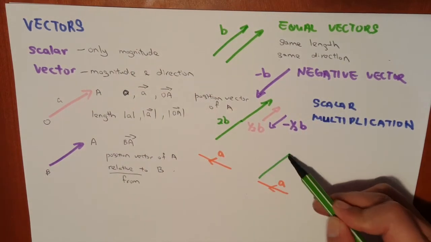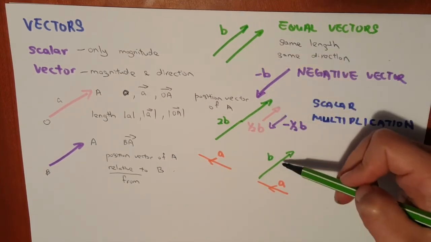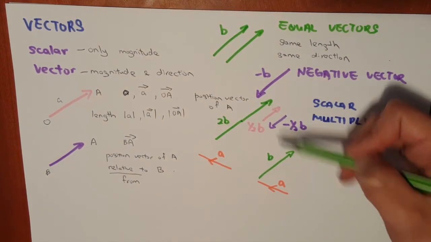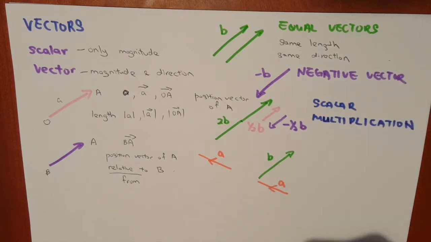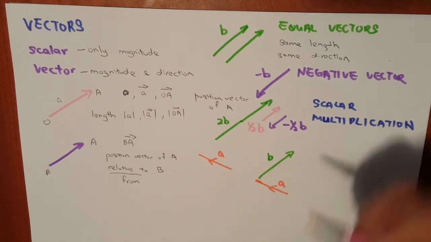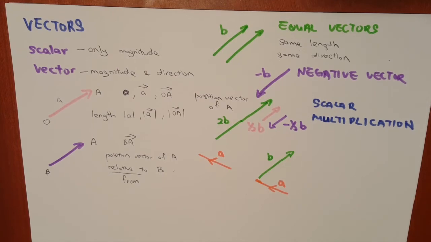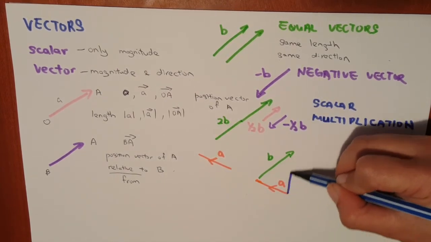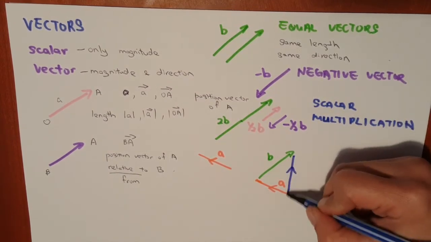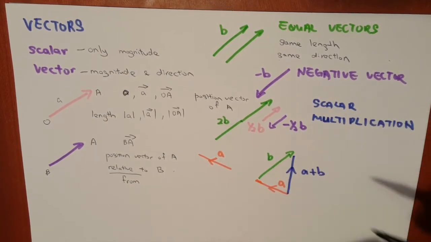When I draw the vectors, they keep the same length and the same direction, and they should be continuous. So A and B give us a resultant vector, this vector here. We call this vector A plus B. That's the resultant vector of A plus B. So this is vector addition.